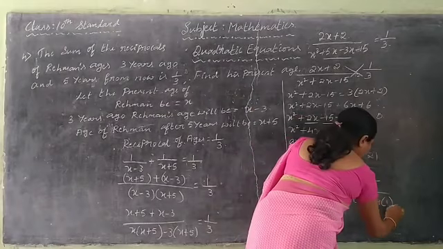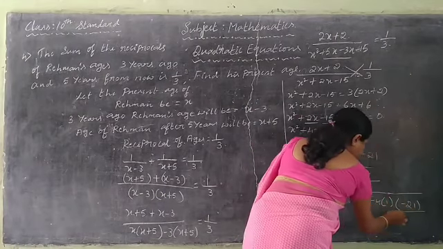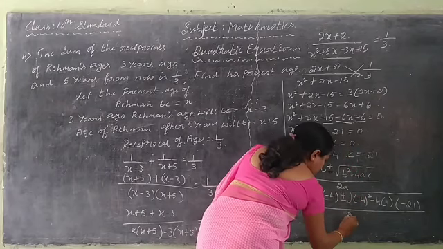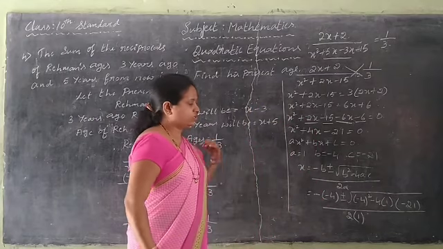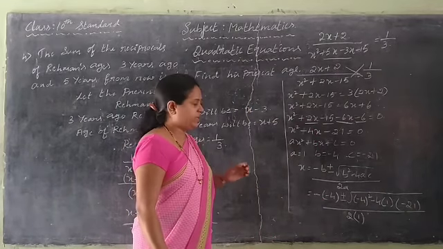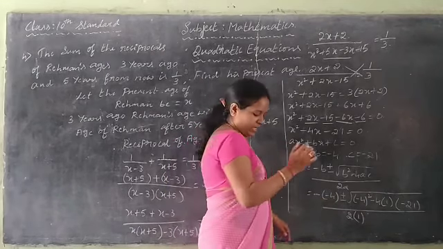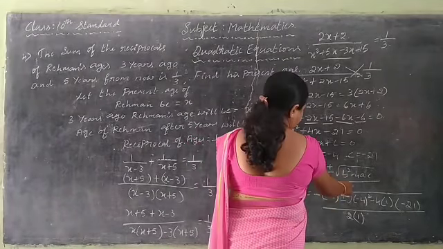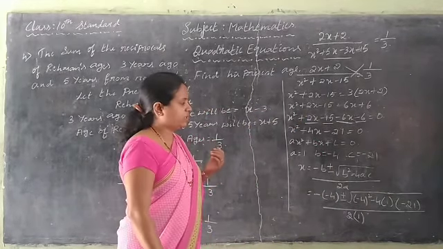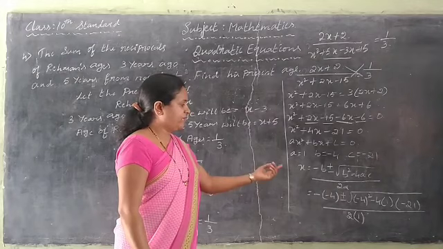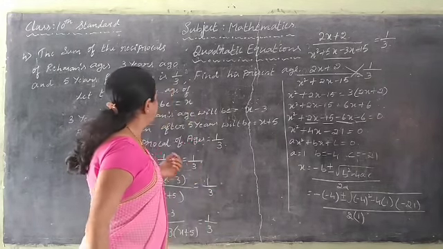Right. 1 into c. The c value is minus 21, divided by 2a. 2 into the a value, which is 1. Got it. First we have to substitute the values. The value of b is minus 4, that is why we write it inside the bracket. In the same way, b square is minus 4 whole square, minus 4 into a is 1 and c is minus 21, divided by 2 into a. 2 into a means 2 into 1. Right. Next.